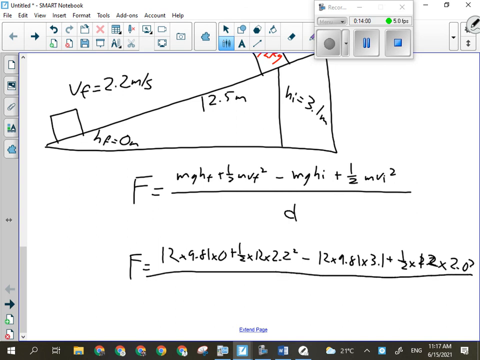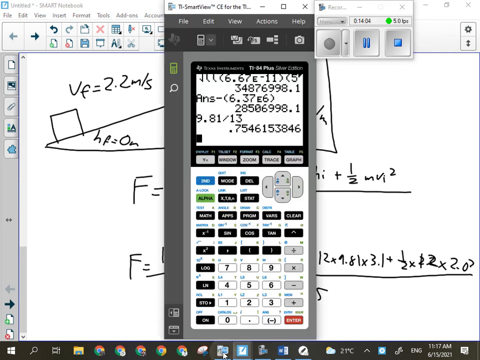And we're going to divide all of that by 12.5 meters. Okay, so actually we won't even do that.